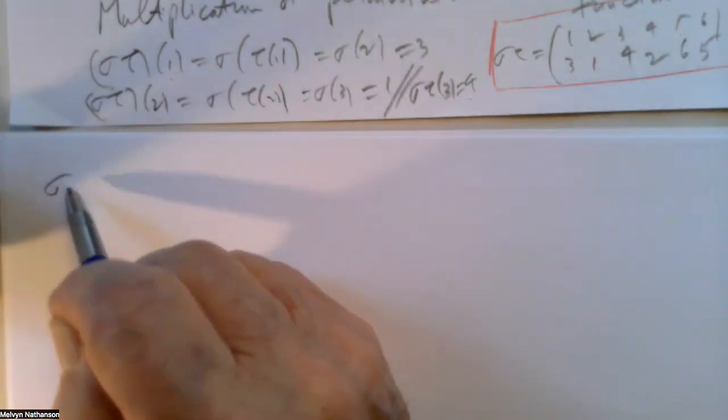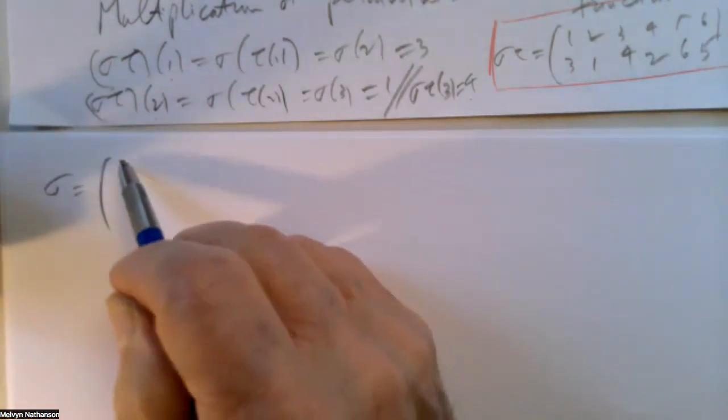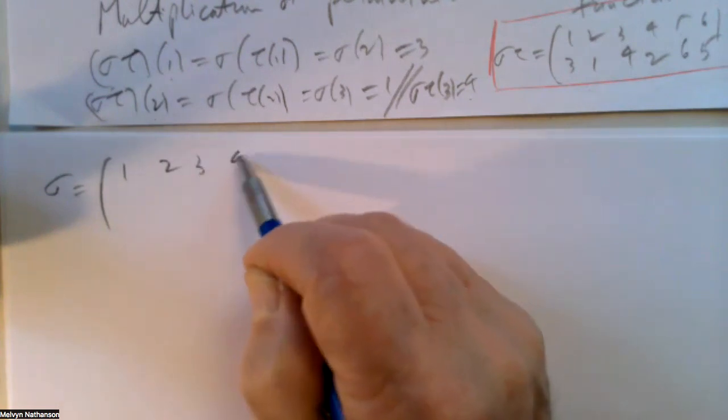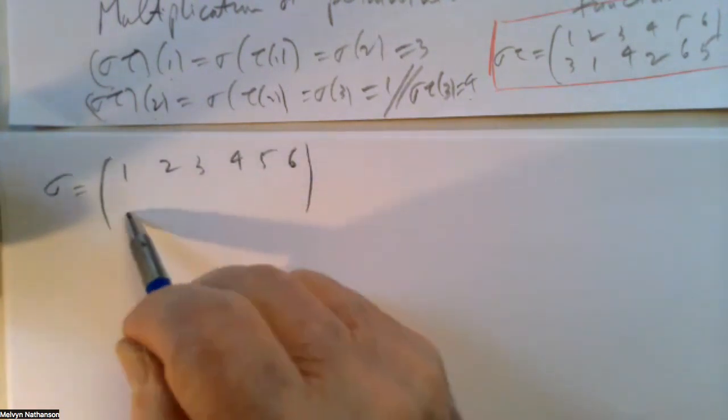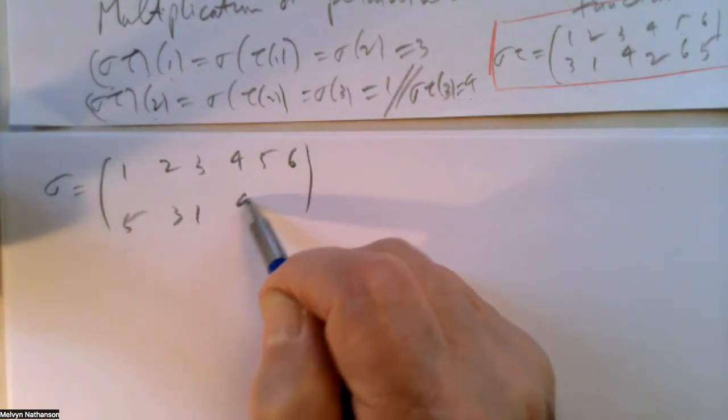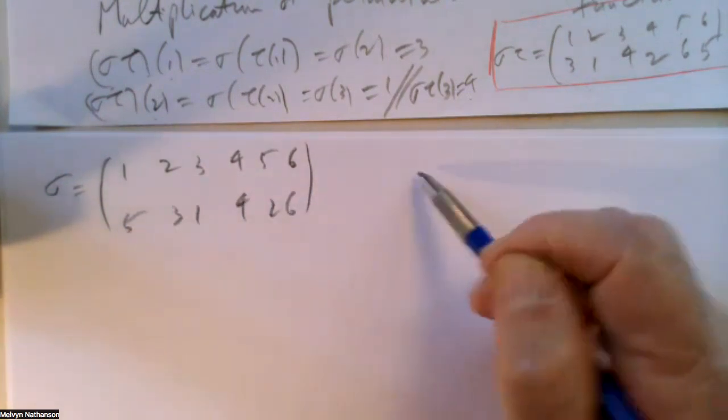So let me just stick with these two permutations for the moment. So sigma is the permutation 1, 2, 3, 4, 5, 6, and 5, 3, 1, 4, 2, 6.